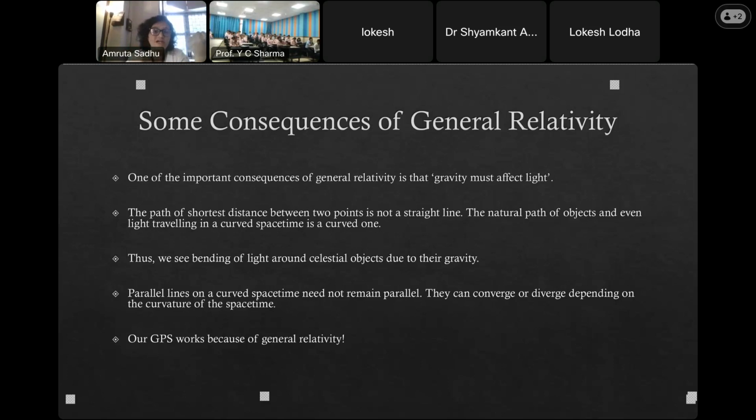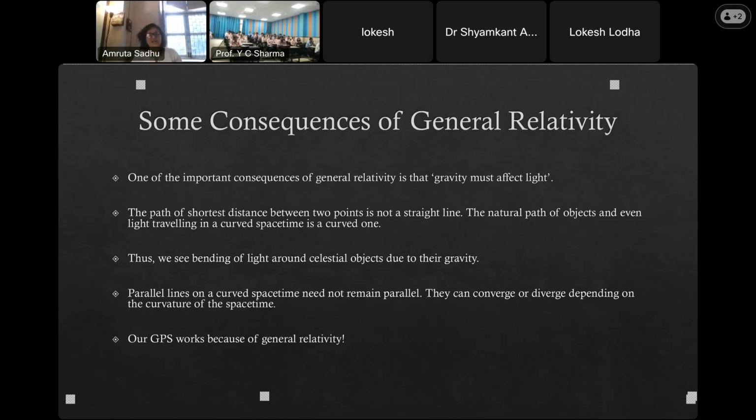Now, in your GPS system, you want the clocks to agree, because that GPS system is telling you where you are going and how you are going, right? If it falls behind, you will be lost.